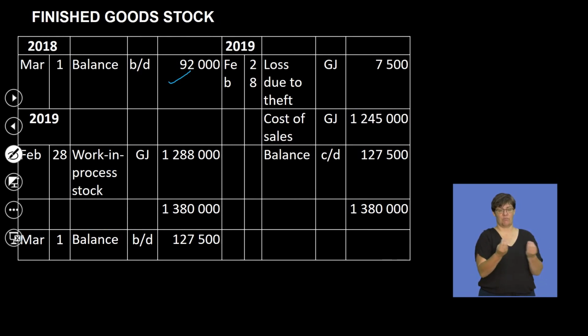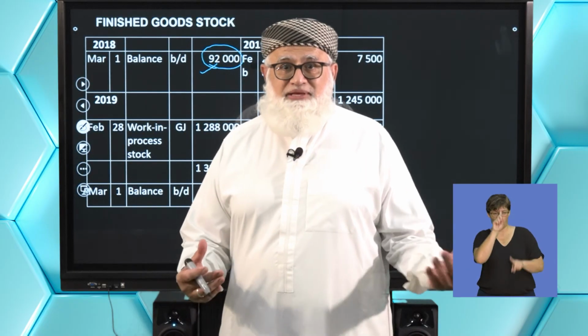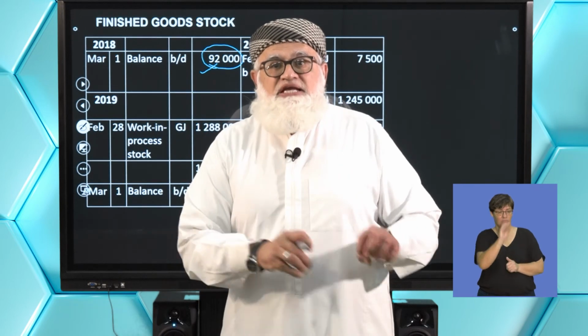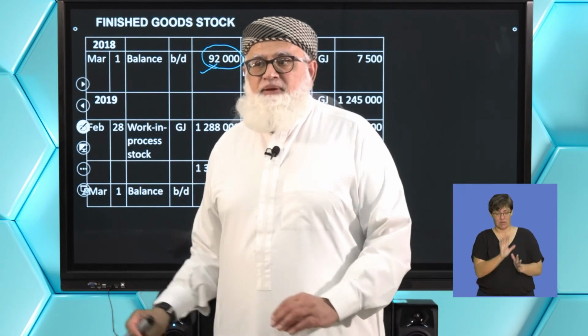What you do know about your finished goods stock account is that you have an opening balance that's given to you of 92,000 Rand. So when you are working through a question, whether it be in the exams or an activity, what you do is put the given information in the relevant places.